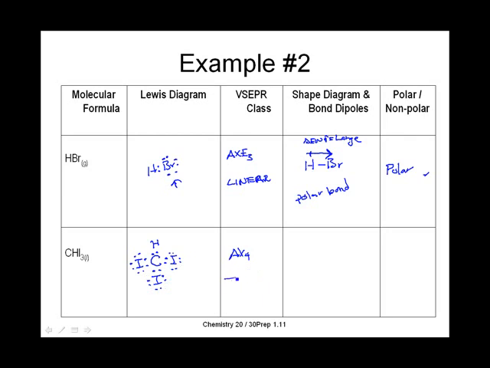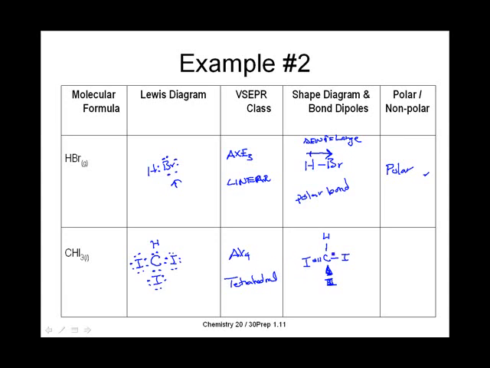It has no lone pair, so it's going to be tetrahedral. And its shape diagram is going to be something like this. See, 1 hydrogen in the plane, 1 hydrogen, oops, coming towards us, and one going away from us.